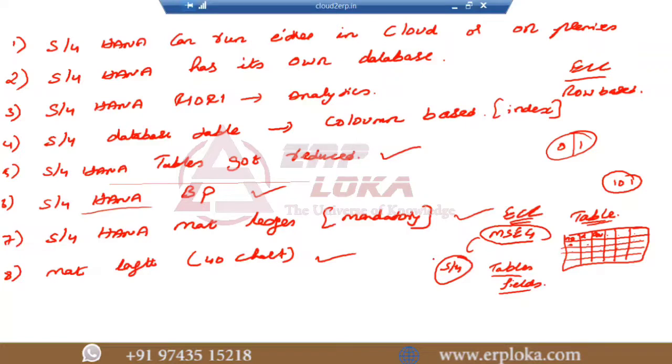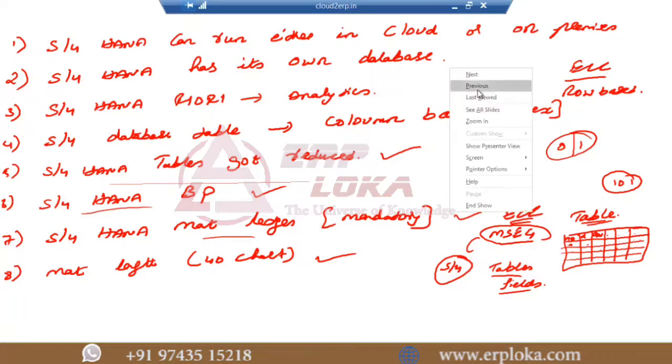There are also new fields introduced in S/4HANA in the business partner, and those need to be filled. That is one of the complications. And in ECC, you did not have the material ledger. In S/4HANA, you have the material ledger. Without activating the material ledger, you will not be able to sell or buy the material. These are the complications.